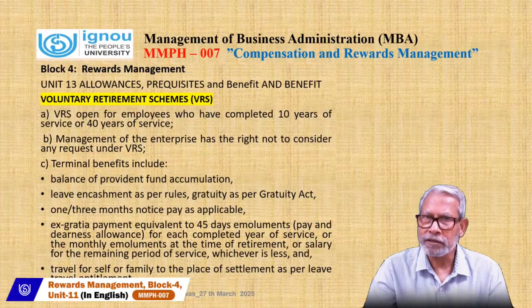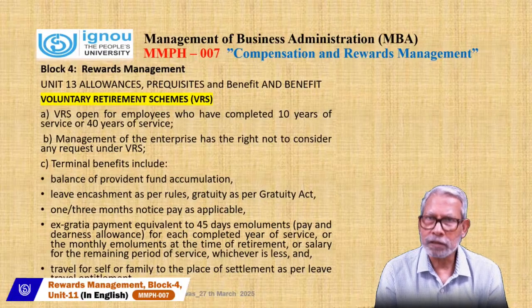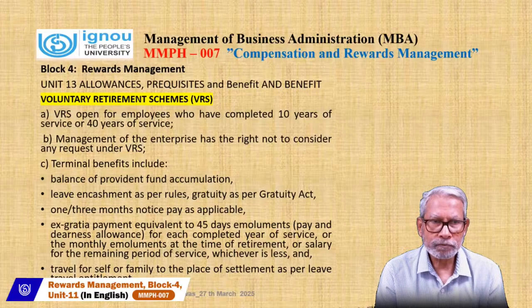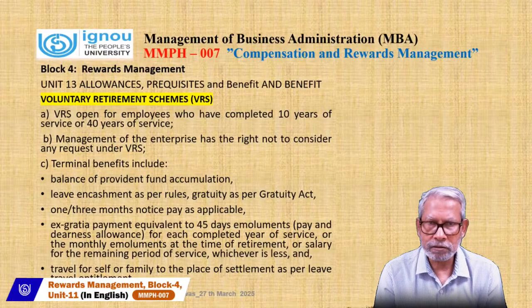Terminal benefits include the balance of the provident fund accumulations, leave encashment as per the rules, gratuity as per the gratuity rules, and one or three months' notice pay as applicable. These are some of the various benefits given.